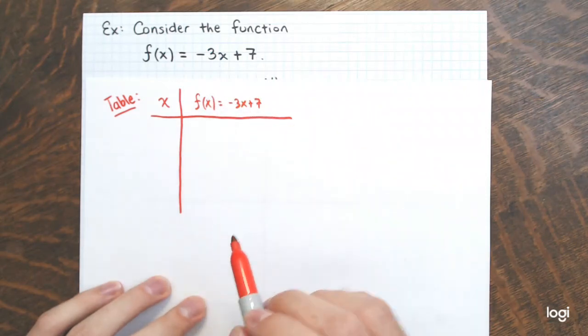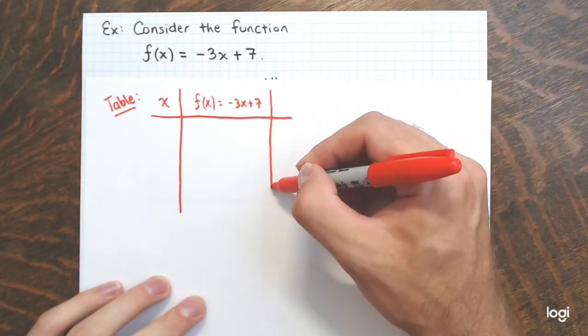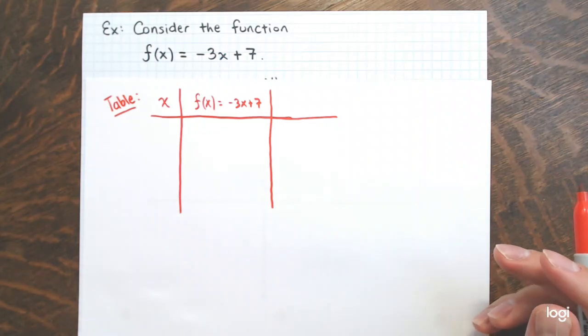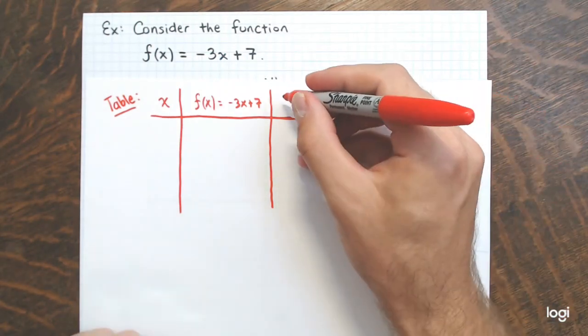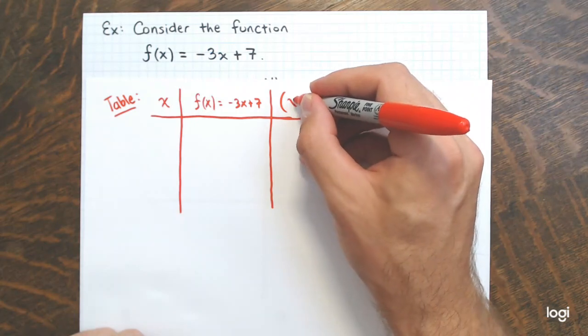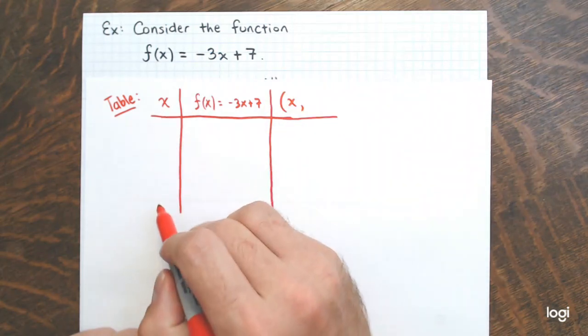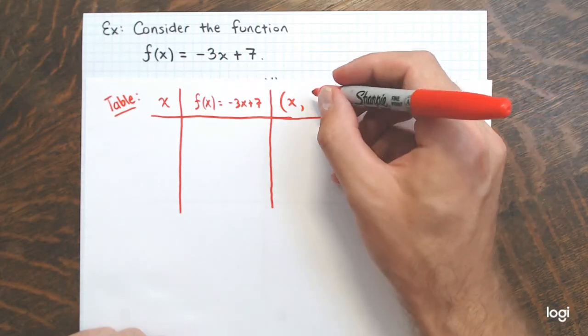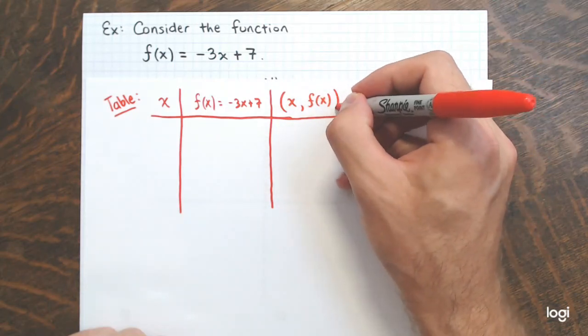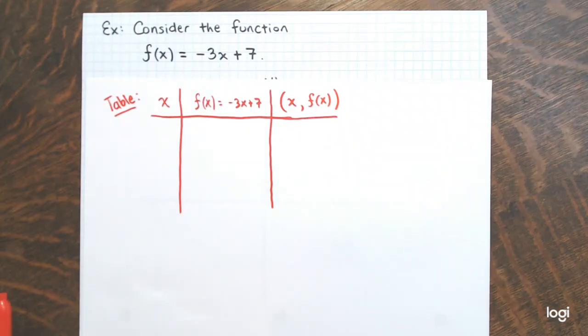Take negative 3 times x and then add 7. And then down this last column, I'll put the ordered pairs that we're going to plot. What are they looking like? So every point I'm going to plot has an x coordinate of the x I choose, and then the y coordinate will be the value of f at x. All right, our ordered pair will look like that. So what numbers do I plug in?